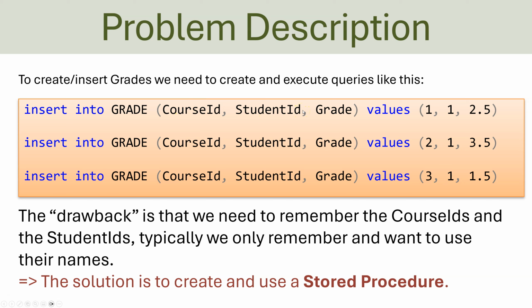But typically that information is stored in different tables, so then we need to split it up. First, based on the course name, we need to find the course ID in the course table, and then we need to find the student ID in the student table, etc.